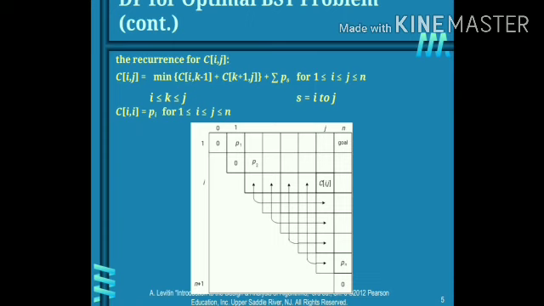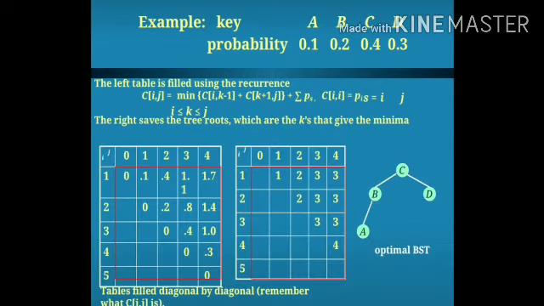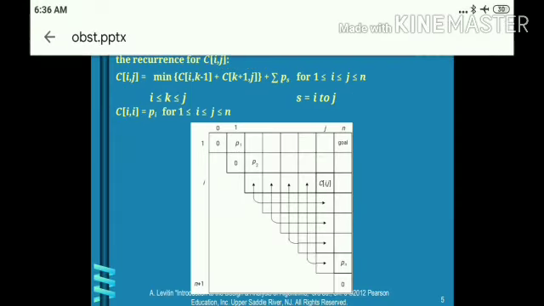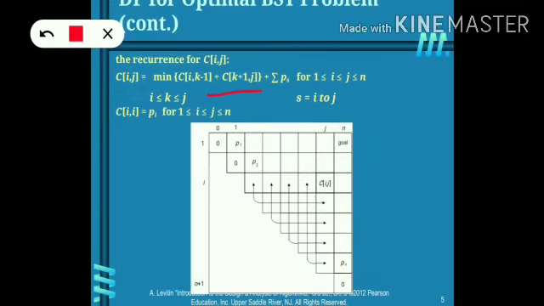The recurrence relation for optimal binary search tree is given as C of i,j is equal to the minimum among C of i, k minus 1 plus C of k plus 1, j plus the summation of probabilities, wherein i and j range between 1 to n and k ranges between i and j.